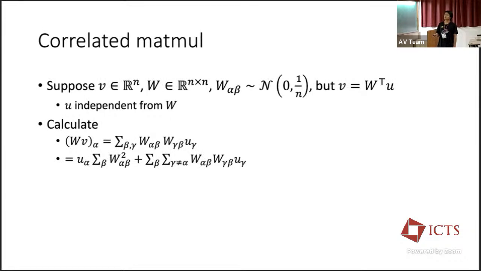That will give you W squared alpha beta times u alpha, and because u alpha doesn't depend on beta, I pull this out. And then the remaining part is where gamma is not equal to alpha. Anybody want to finish the next step? What happens when n goes to infinity?